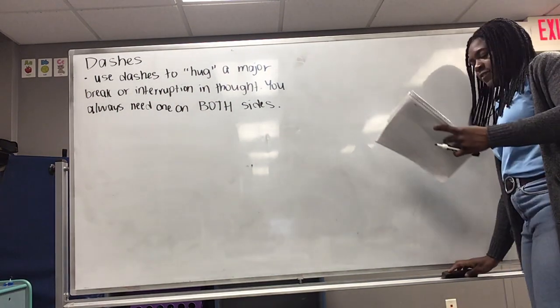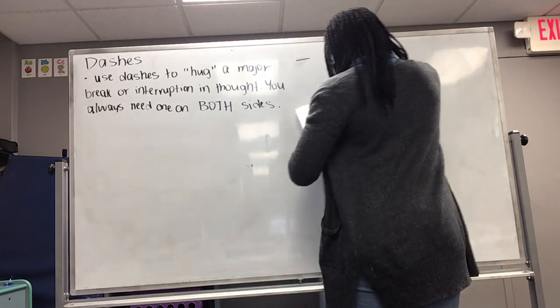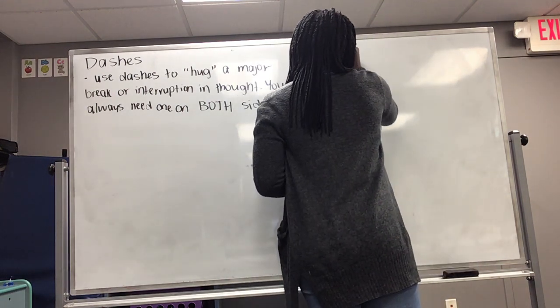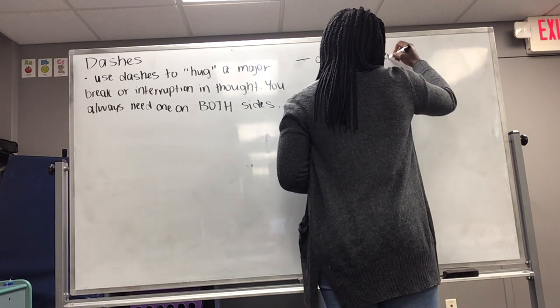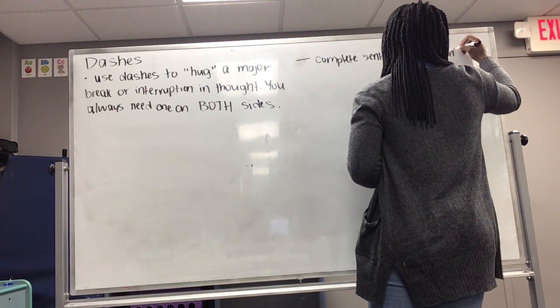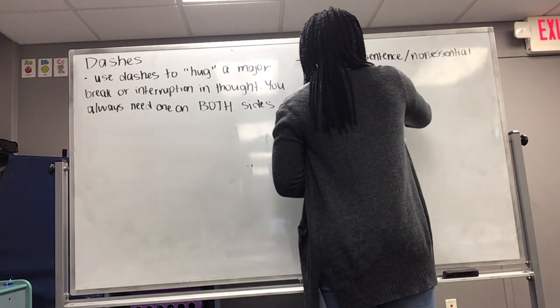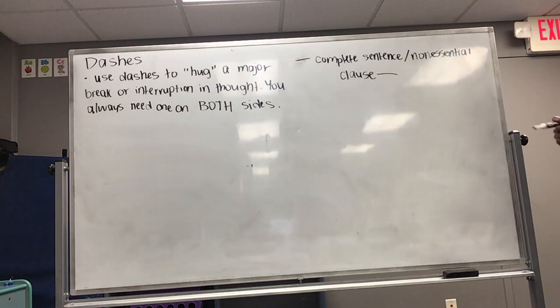So I'm going to show you the format of dashes. We have our first dash, our starting dash, and then after that is a complete sentence or non-essential clause, and then after that we have our ending dash.